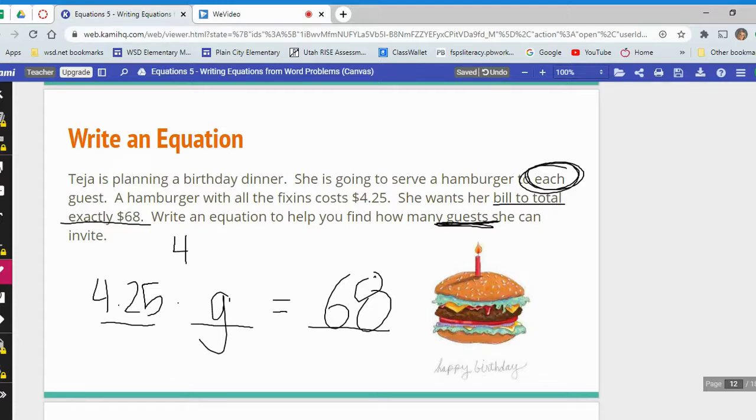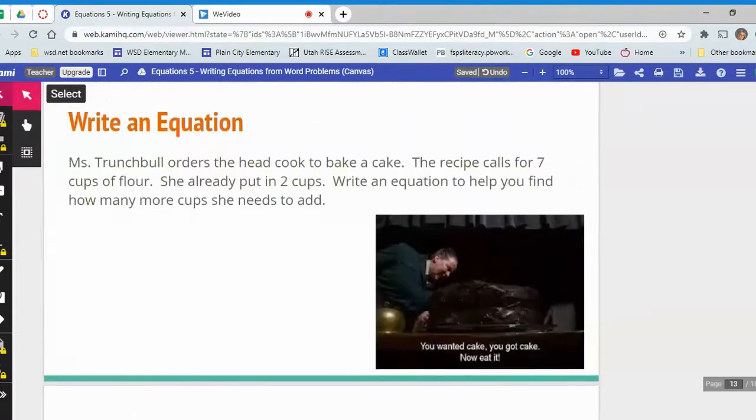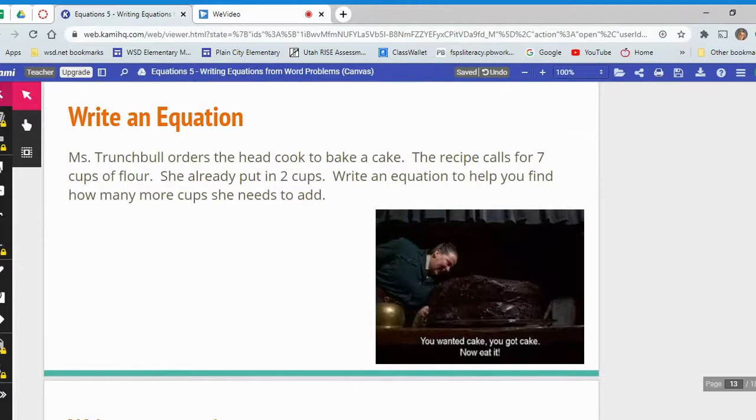So we have $4.25 for every guest, and she wants to spend a total of $68. All right, try this one. When you are done, go ahead and press play and check your work.